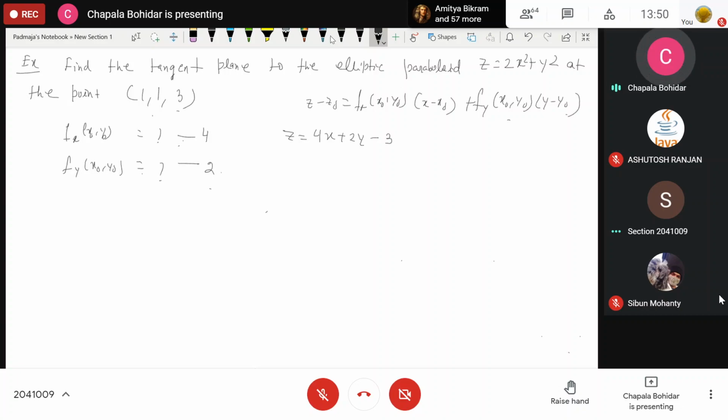Next, linear approximation. If you look at your book, there is a figure there for this function, 3 types of figures there.